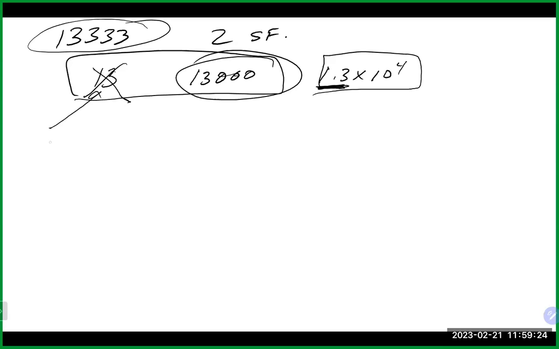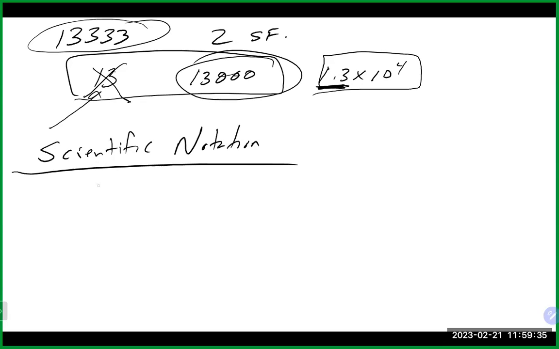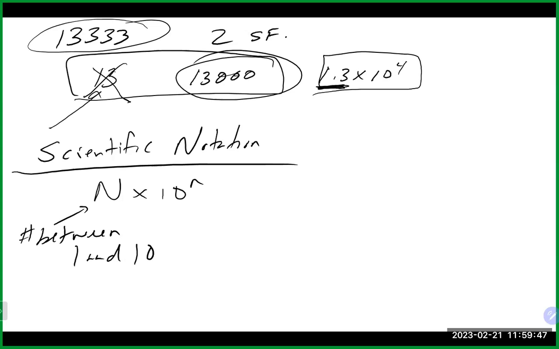Speaking of scientific notation, just to make sure we know how to properly do that. When you write scientific notation, it should be n times 10 to the n. This is a number between 1 and 10. That means it is not a number less than 1. It is not a number of 10 and above.